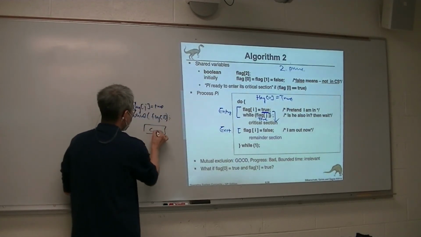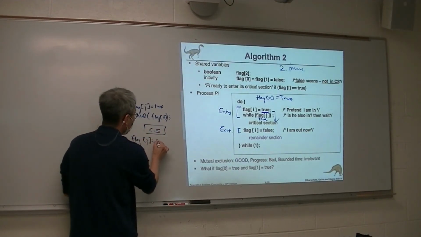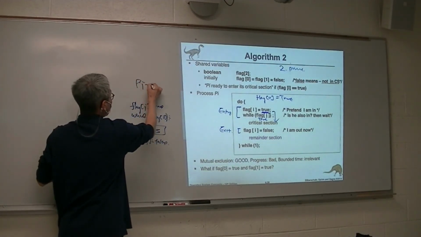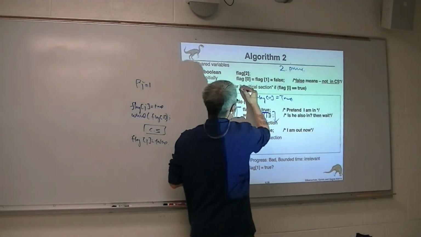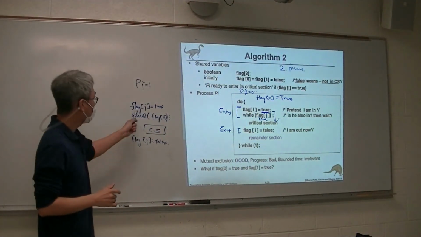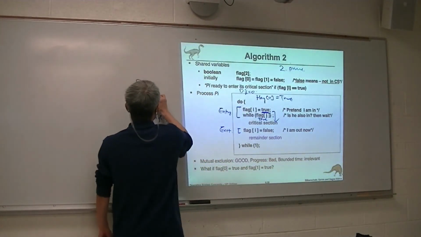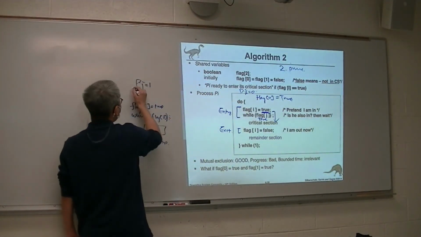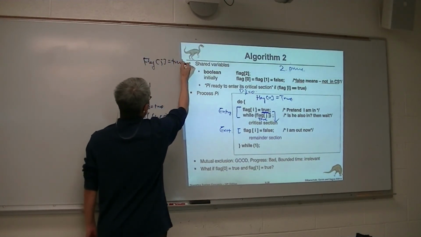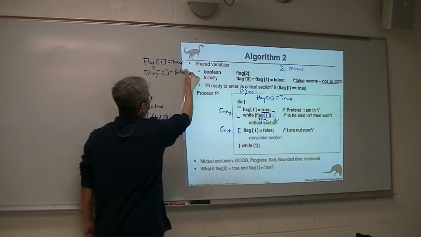And this is the critical section. And the exit section is flag J is false. So this is the process J, the 1, and this is the process I, process 0 case. So right now, in the entry, the flag J is true, and flag I is false.